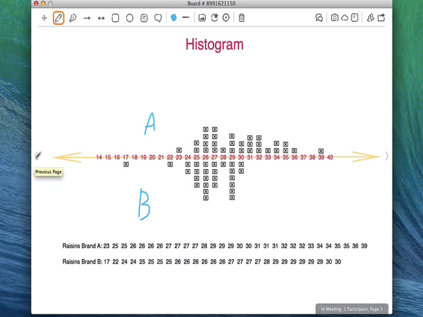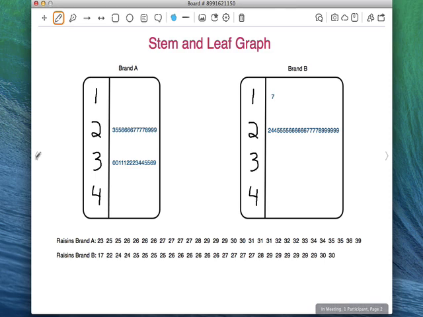Now another type of graph that you probably have experience with from previous classes is called a stem and leaf graph. Once again, I have the brands of raisins down below, and I've made a stem and leaf graph for brand A and a stem and leaf graph for brand B. As you probably remember, in most cases you take the highest place value of the data and you make the stem.